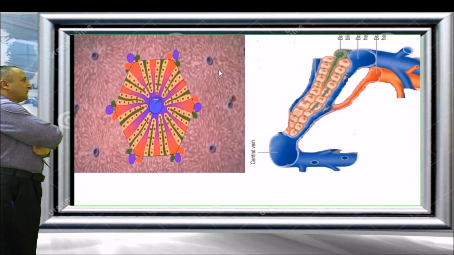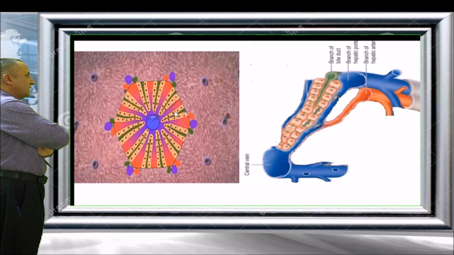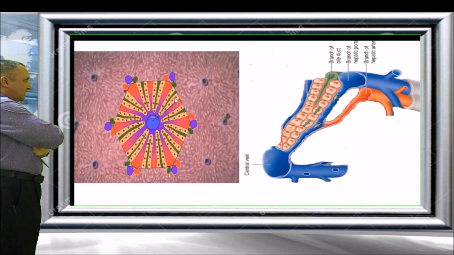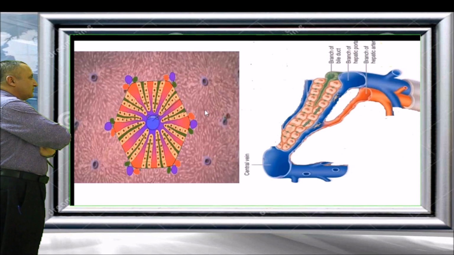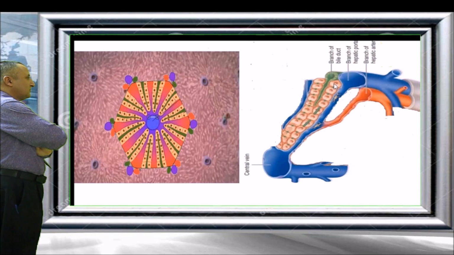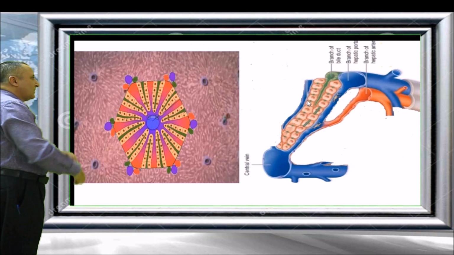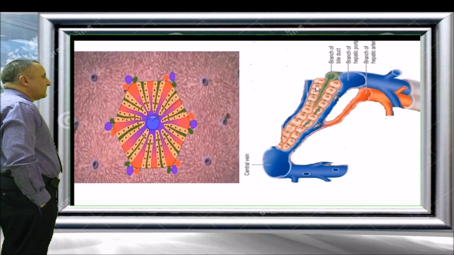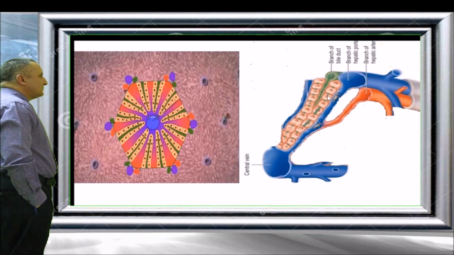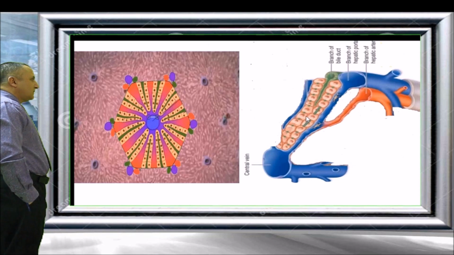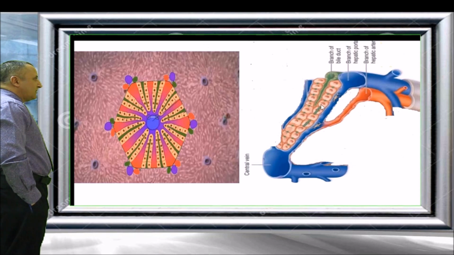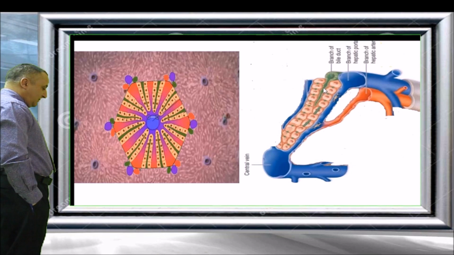So let me show it here. If we magnify this cellular plate, we see here the two rows of cells laid like strips or plates.